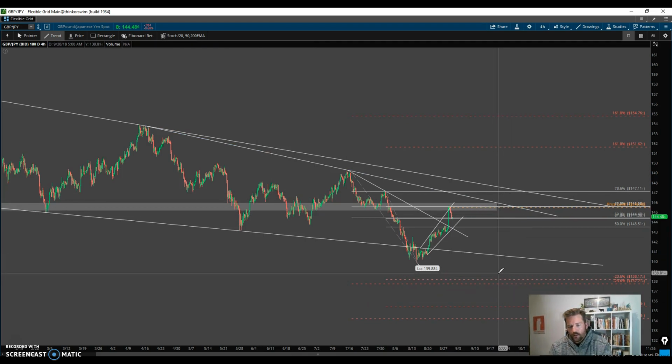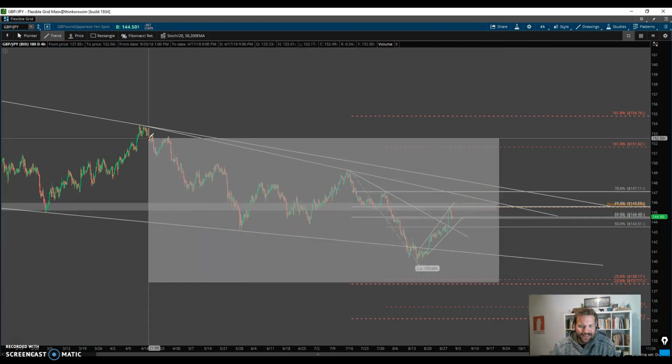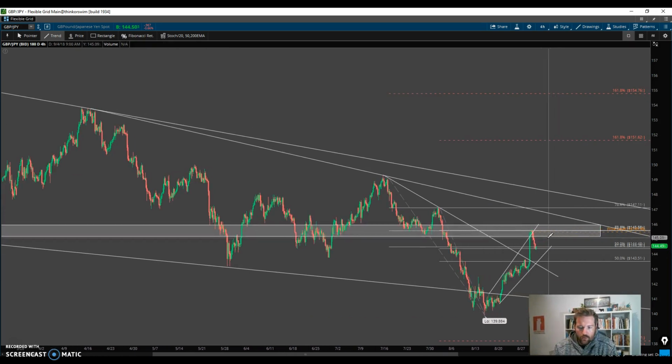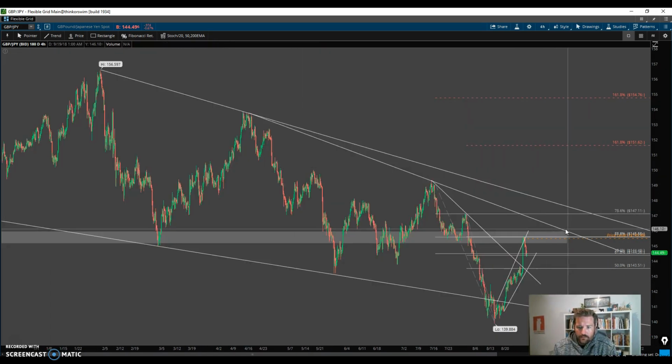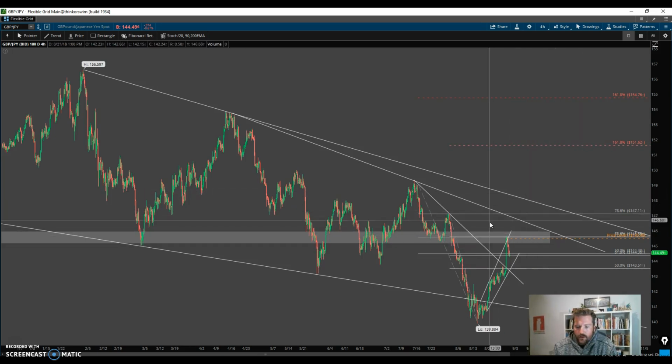So I didn't want to just expect this to be the top, or maybe a lower high in the grand scheme of this whole market structure, because there's a lot of attractive areas up here that can be magnets essentially.